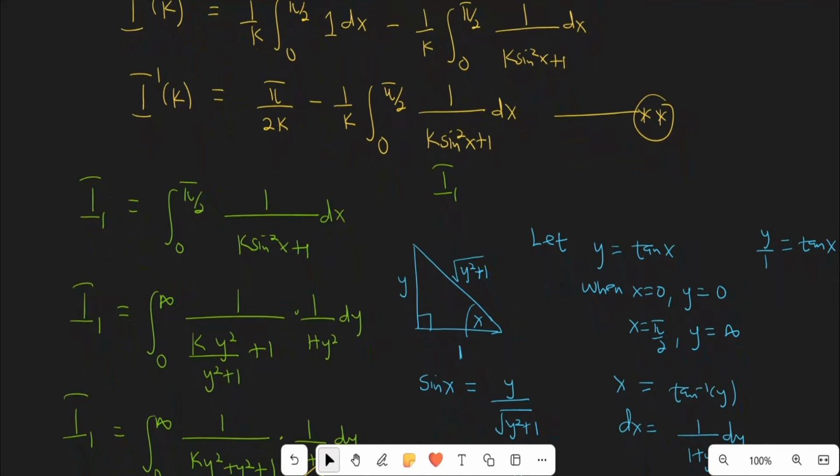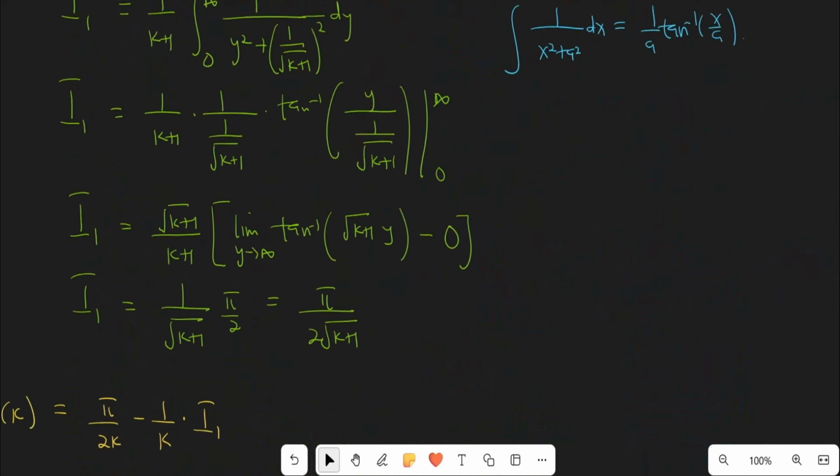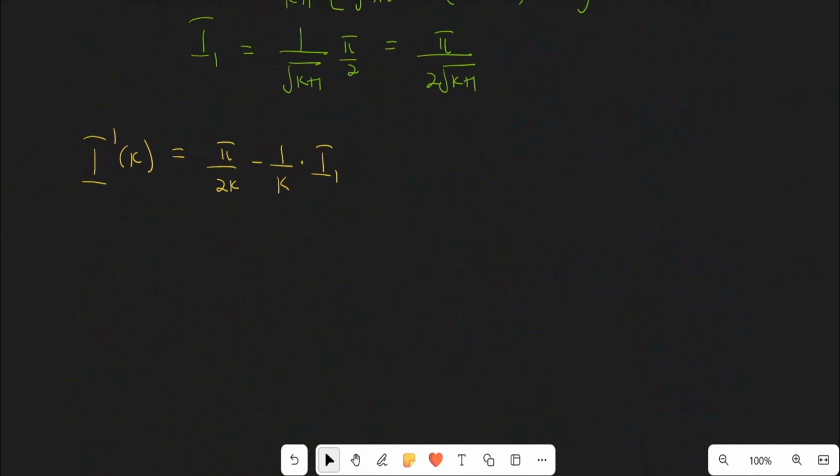So I prime of k is pi over 2k minus 1 over k times I1, and I1 is this, pi over 2 times the square root of k plus 1. This is I prime of k.